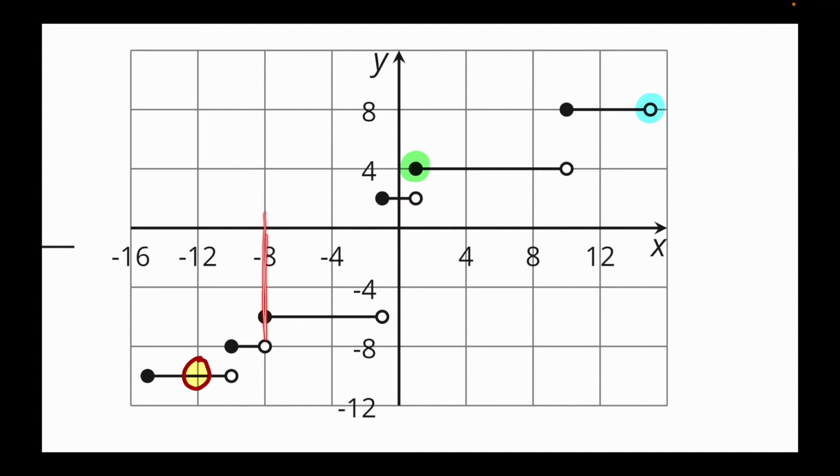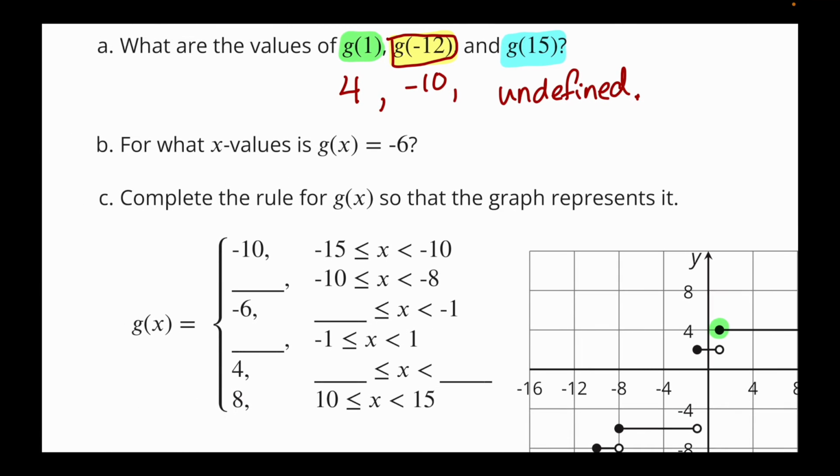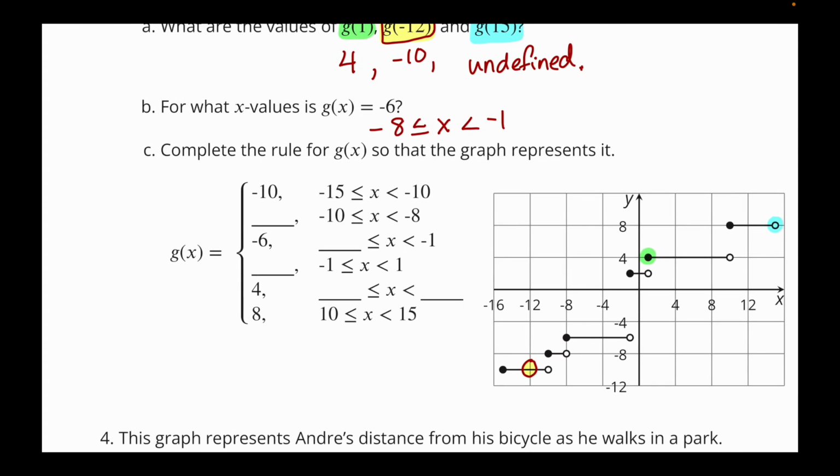So this looks like it goes from negative 8 to negative 1, but not quite negative 1. So when we describe this, we're going to say negative 8 is less than or equal to, because it's allowed to be equal, x, and then is less than negative 1. Because it's not allowed to be equal to negative 1, but anything that's less than that, no matter how minuscule, that's what we're going to be looking at.